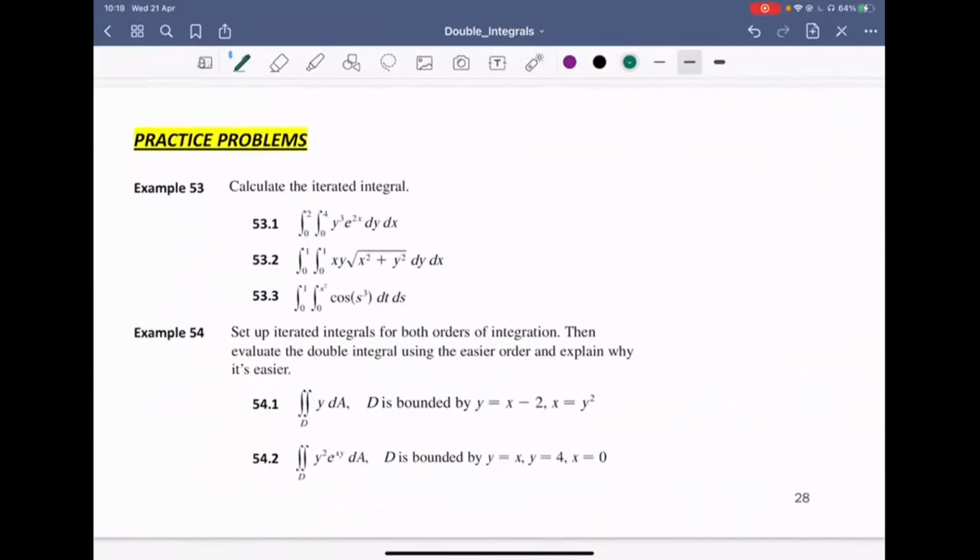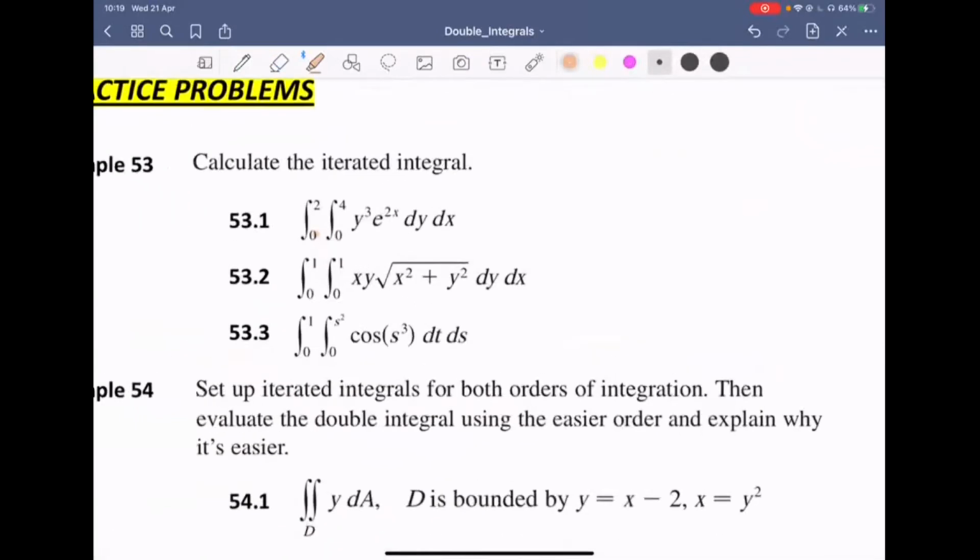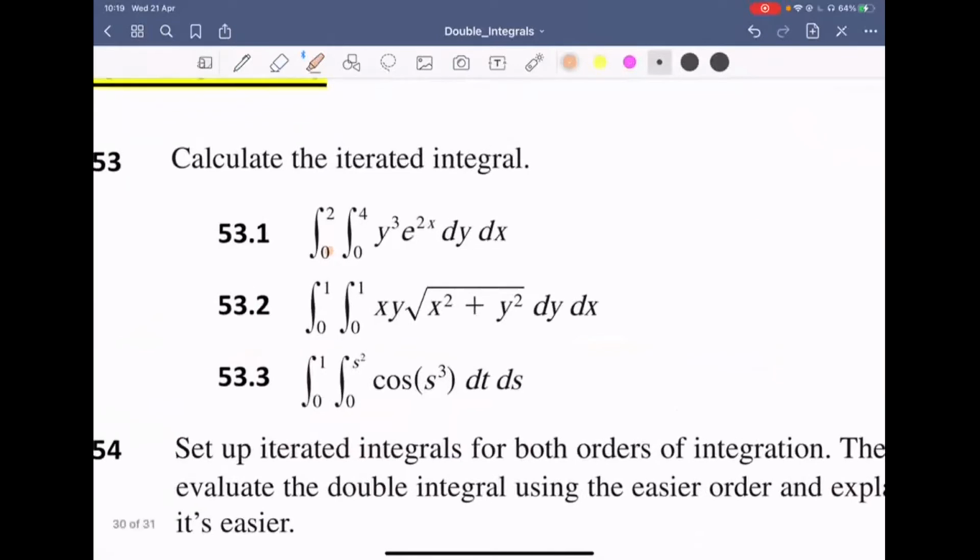So let's look at practice problems here. If you feel like, hey, I need more practice, well, example 53 here, you can see the pattern of example 53, they ask you to integrate this. And you see that you have 0 to 2 and 0 to 4.